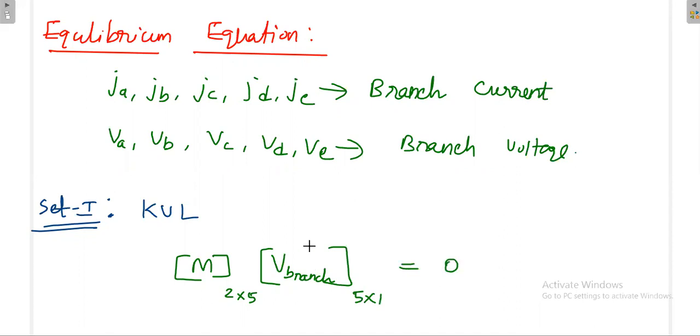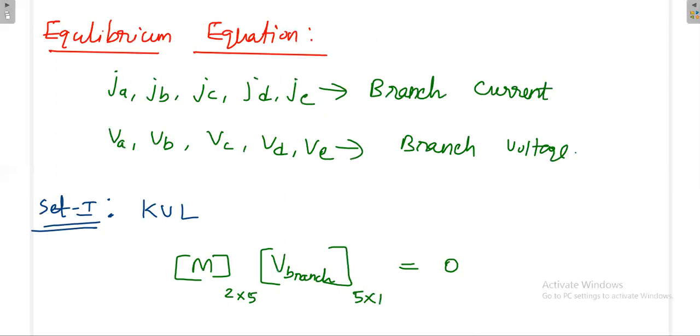Then you substitute the tie-set matrix here. What is the matrix we got? 1 0 minus 1 1 0, 1 1 minus 1 0 1. The dimension here is 2 cross 5. What about the branch voltages?